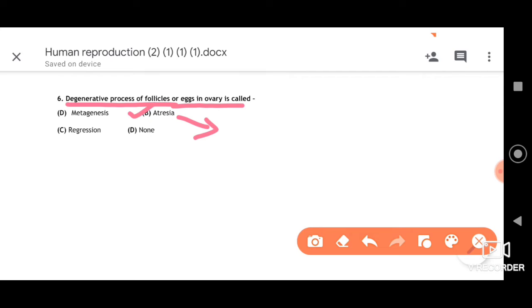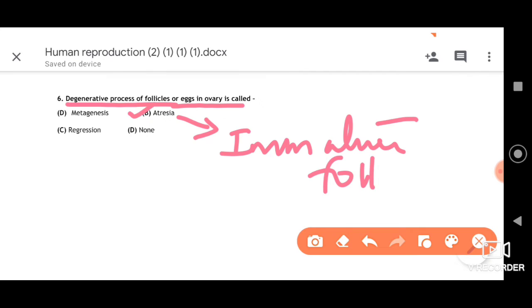Even the egg which has not been fused by the male gamete, or the sperm, will obviously get degenerated. That process is called atresia, my dear friends. So please go for option B.